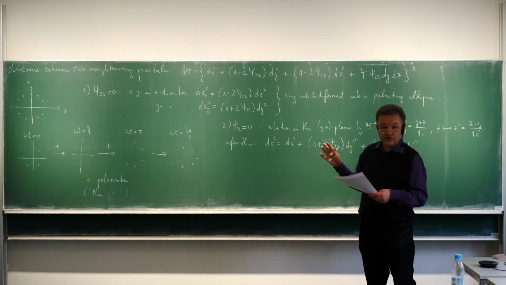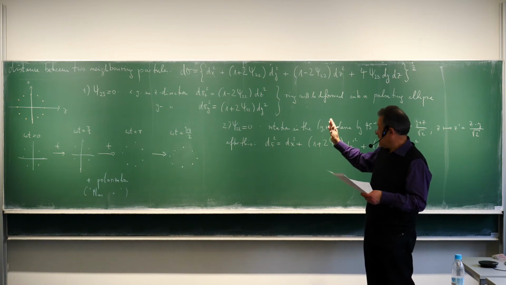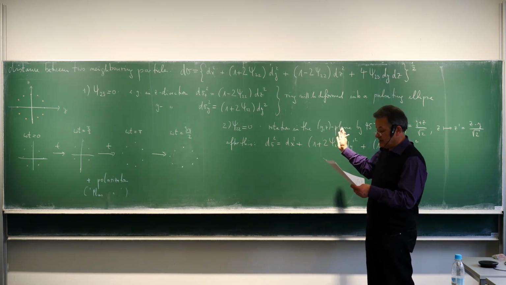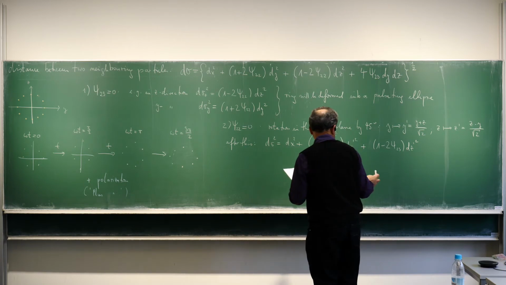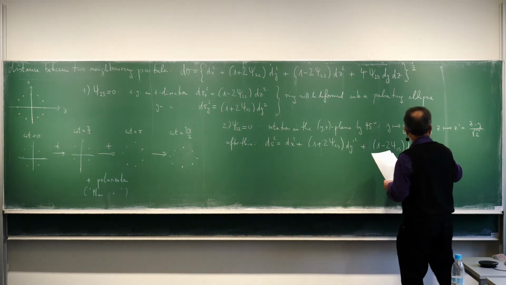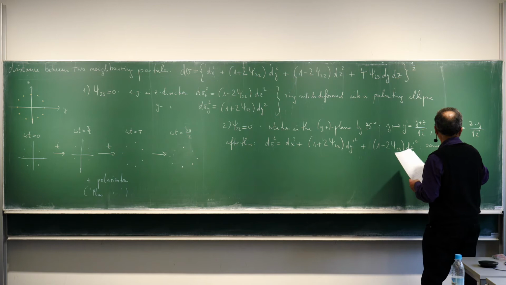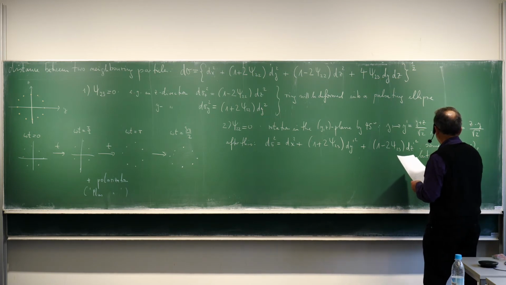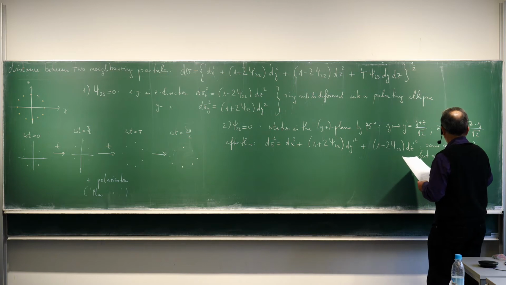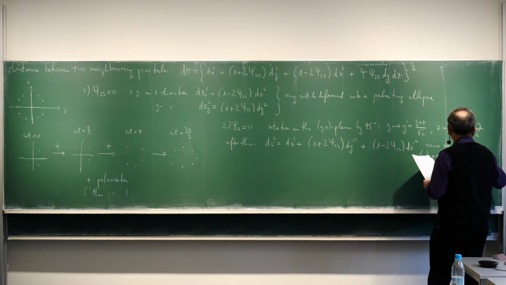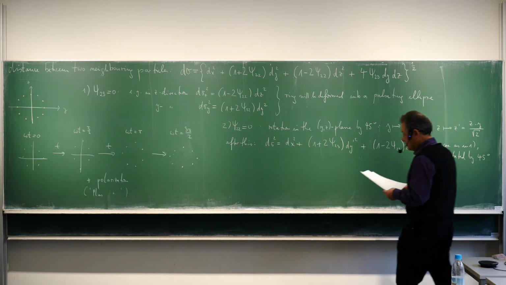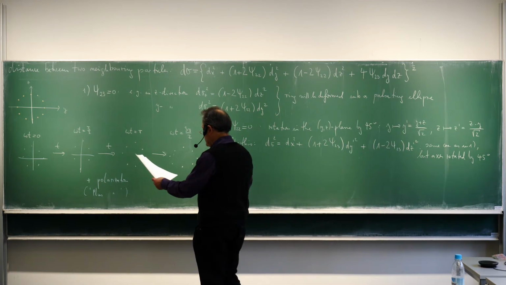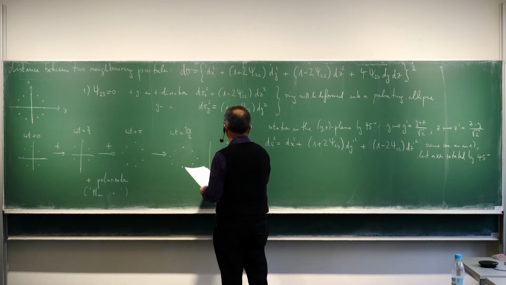So you only have to consider that the new axes are rotated by 45 degrees. So this is the same case as in 1, but with axes rotated by 45 degrees. So instead of the picture here, the ring deforms as follows.